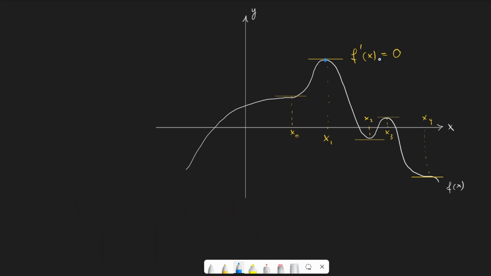Here it reaches zero because, as I mentioned, this tangent line is horizontal at this point, and after that it decreases further. So the second derivative is negative. This is true for the x3 point as well.